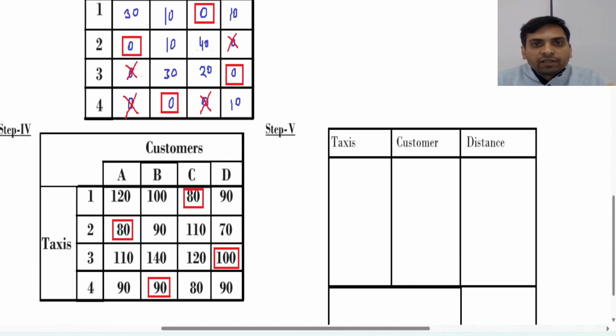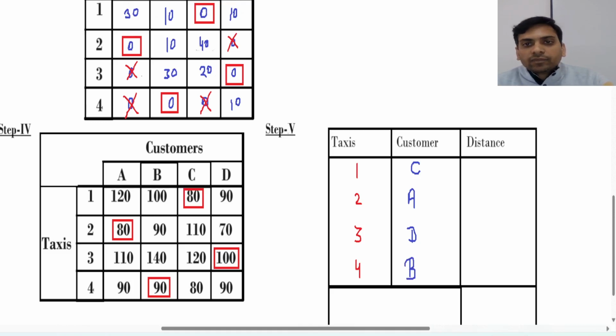And now we will put all these values in the final table. So in the final table, this is the taxi column, this is the customer column, and this is the distance. So first taxi first, taxi second, taxi third, and taxi fourth. Okay. So allocation for taxi first, which customer? Customer C. And for second taxi, customer A. And for third taxi, customer D, and for fourth taxi, customer B. And then distance.